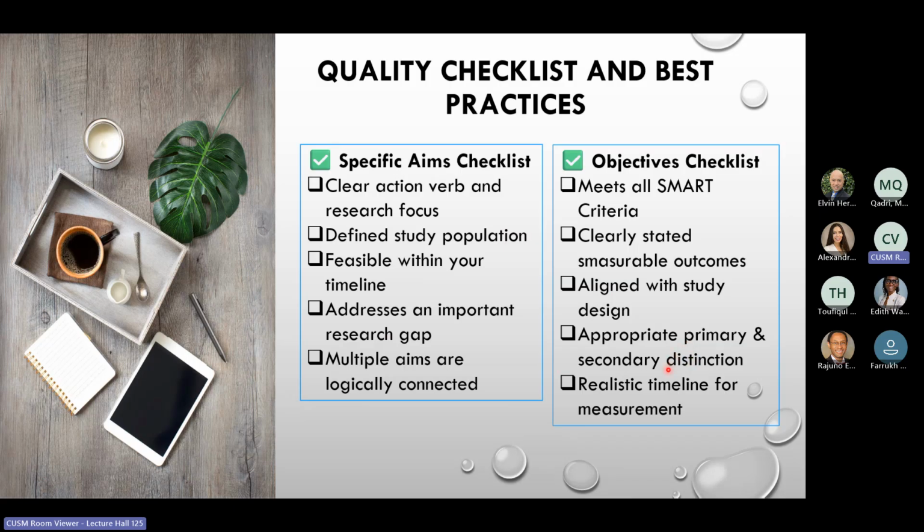And then you can write some secondary objectives as well. But your primary ones are the ones that you want to highly prioritize. And then make sure it's realistic and feasible. Your timeline should help you determine if the data collection based on your research objectives, they should tell you whether or not you can collect that data in a reasonable timeline and if it's feasible for you to do so.